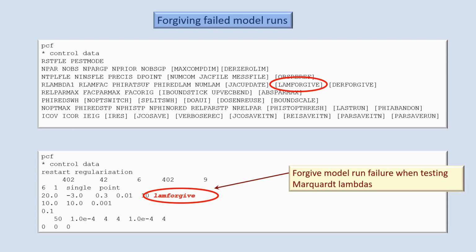Another variable which is somewhat important is this optional lambForgive variable. When PEST is calculating parameter upgrades after it's calculated a Jacobian matrix, this is where parameters may change by a considerable amount. During the first part of each inversion iteration, parameters are only being varied incrementally.